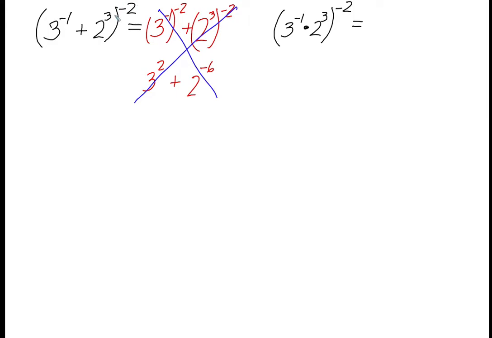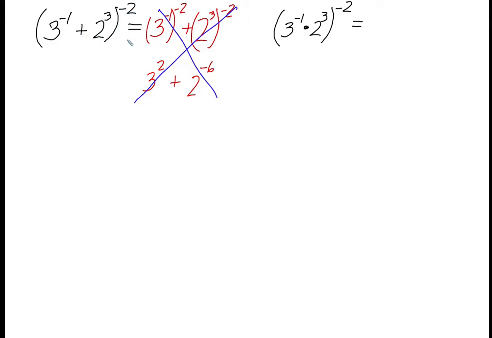Because there is no distributive property for exponents. If it's addition inside here, we can't put the exponent on each thing inside. We have to simplify what's inside the parentheses first before we can deal with the exponent that's on the outside.